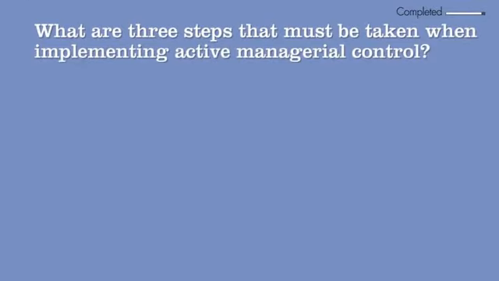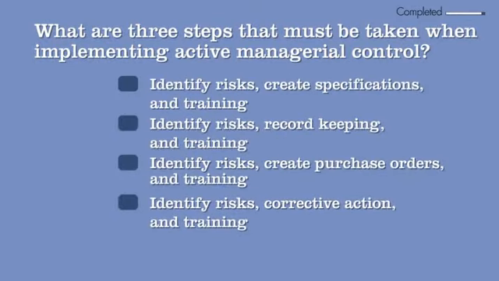What are 3 steps that must be taken when implementing active managerial control? Yes, identifying risk, taking corrective action, and training are all part of implementing active managerial control in your operation. Just keep in mind that there are other steps you have to follow as well.